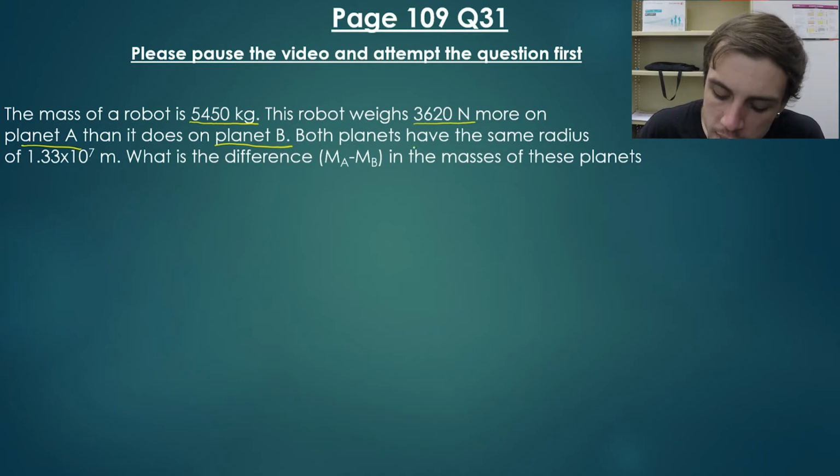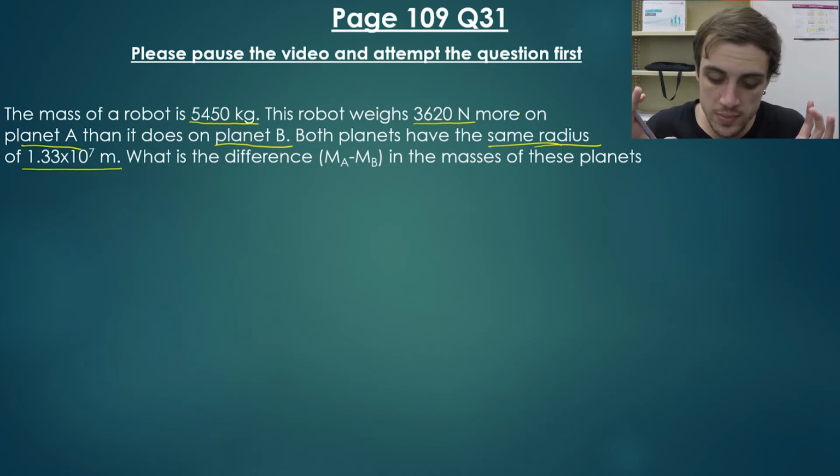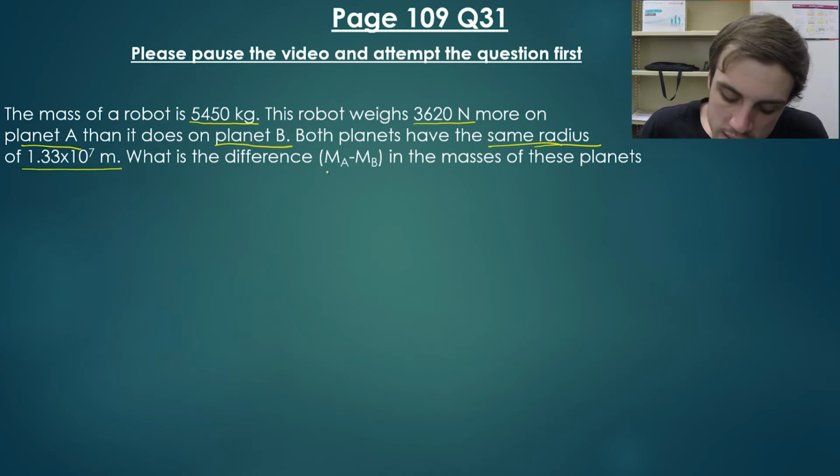Both planets have the same radius of 1.33 times 10 to the 7 meters, so that means both planets are the same sort of size. What is the difference, so just MA minus MB, in the masses of these planets? So they want the mass of the planets.